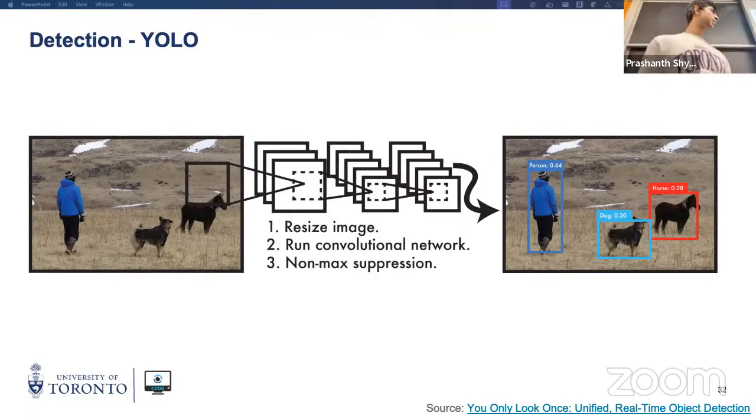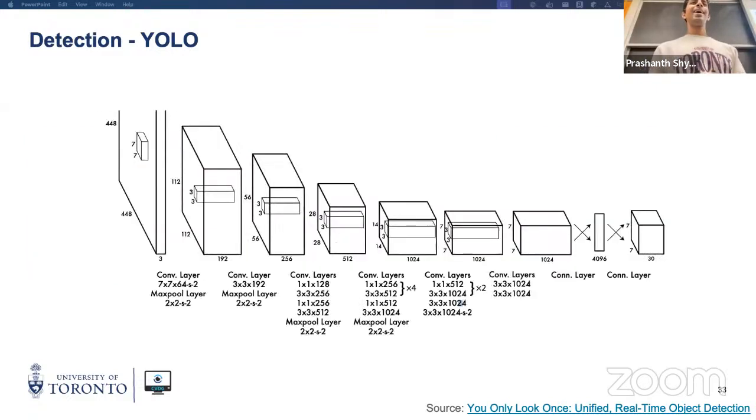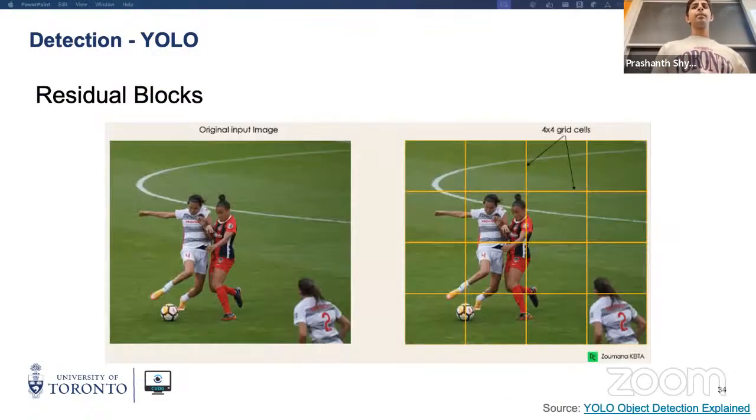I want to talk about YOLO just because it's YOLO, and this is the architecture. I don't want to go too much into detail. The reason why YOLO works so well is because of certain techniques that they used. Initially, they break each image into an n by n grid. In this example, it's 4 by 4.